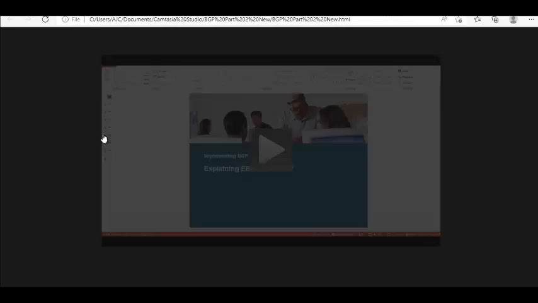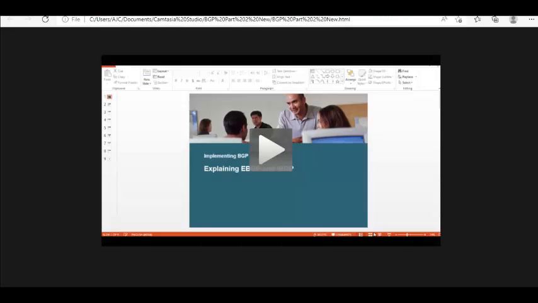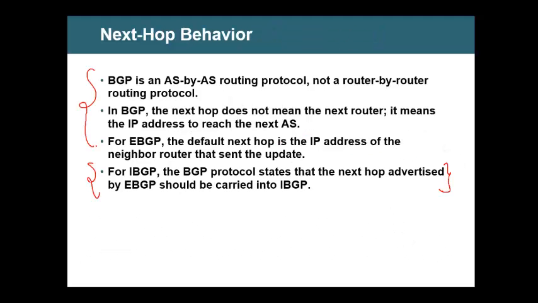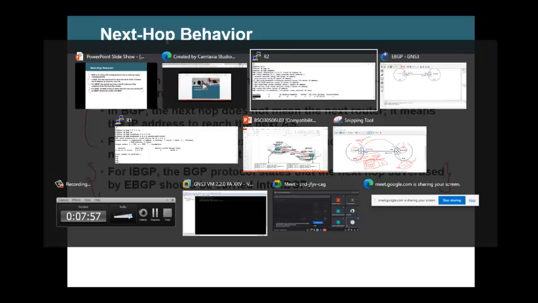Any question on what we have covered today? Sir, the last point, what you mentioned, can you just go back to that bullet point? The last point, the third one, for eBGP. For eBGP, the default next hop is the IP address of the neighbor router that sends the update. Okay, to whom I build the neighborship. Yeah. See here. What is the neighbor address that sends the update?